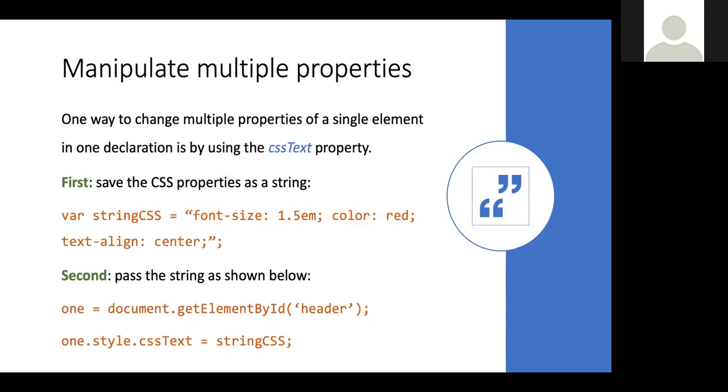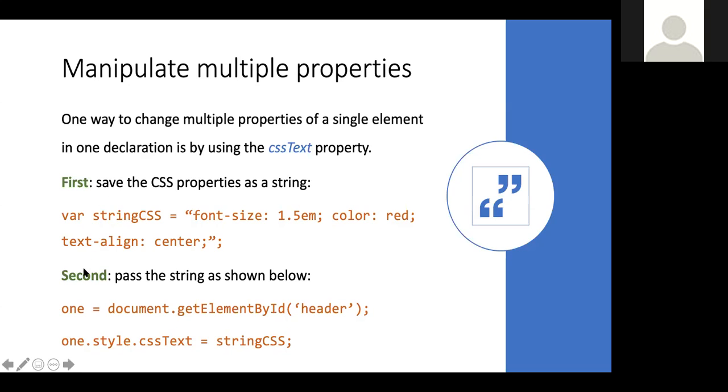One way to change multiple properties of a single element in one declaration is by using the cssText property. First we save the CSS properties as a string. For example, let's suppose we want to modify the font size, the color, and the alignment of the text of a specific HTML element. First we create our string of CSS properties, as you can see here.